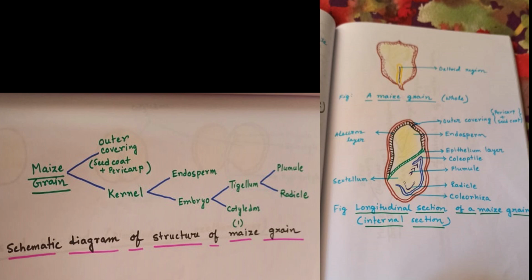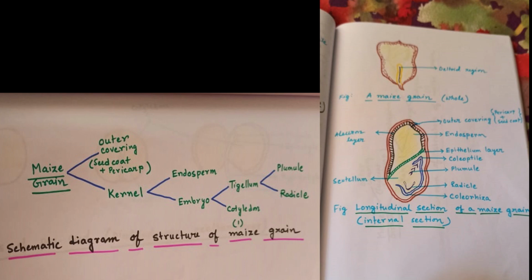So these are the embryonal axis, and the plumule and radicle are enclosed within sheaths. The sheath on the surface of the plumule is called the coleoptile, and on the surface of the radicle is called the coleorhiza.